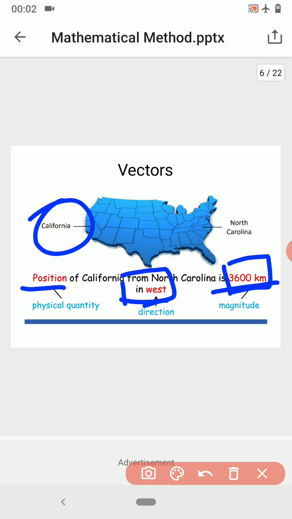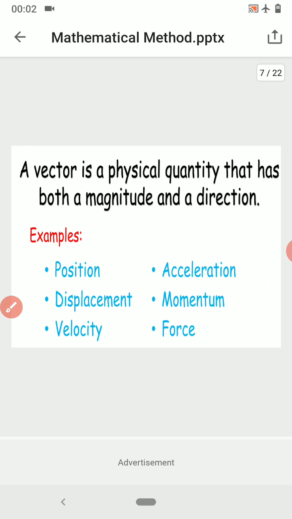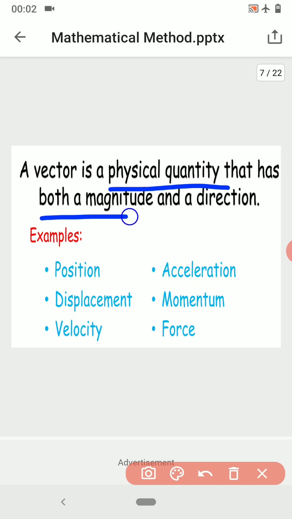So here the direction is very, very important. So we can define a vector as the physical quantity that has both magnitude and direction.